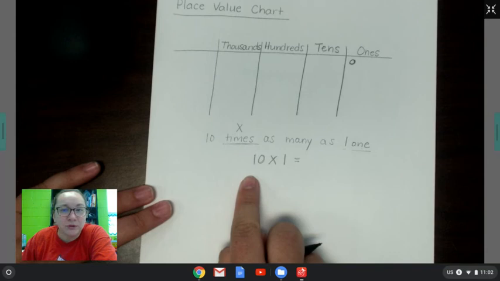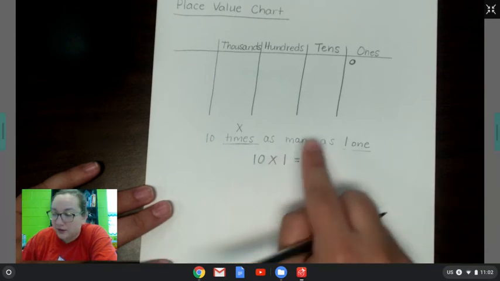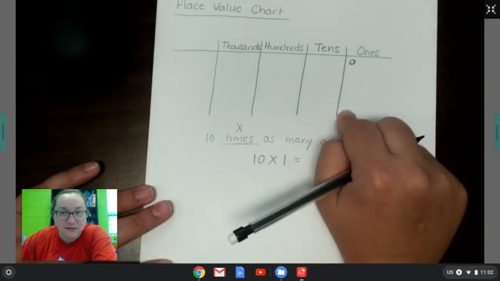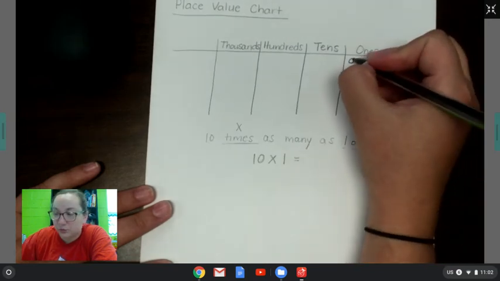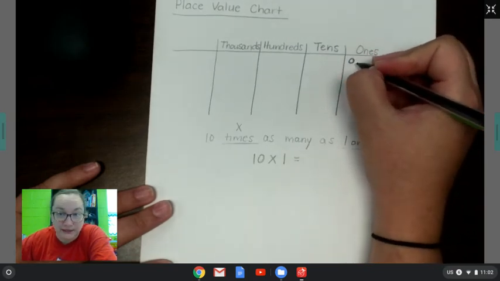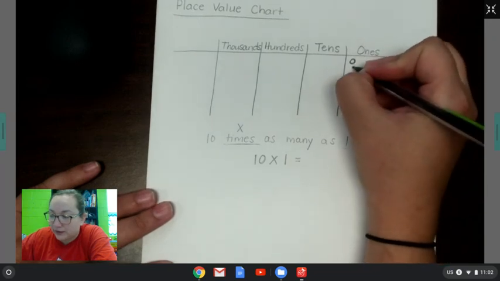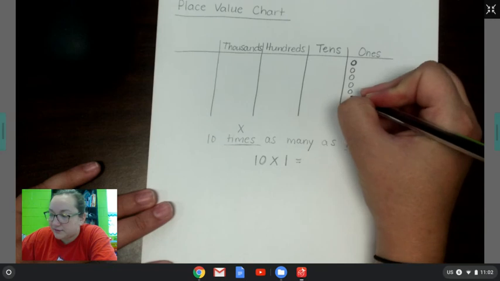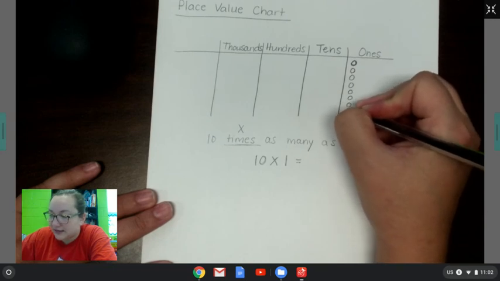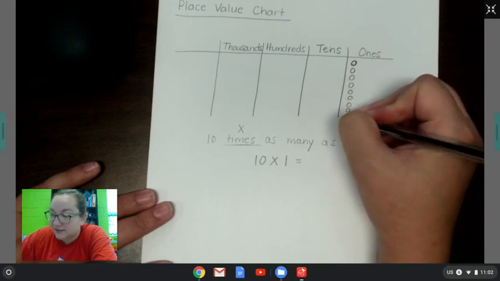So anytime you multiply by 10, you're going to have 10 of these. So on Zearn, what you're going to see is you're going to have one of these dots, and we're multiplying by 10. So we're going to do 1, 2, 3, 4, 5, 6, 7, 8, 9, 10.